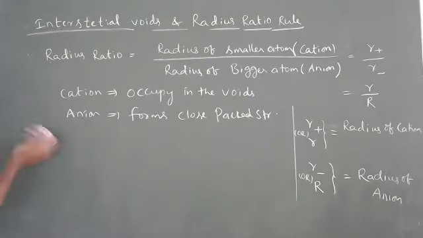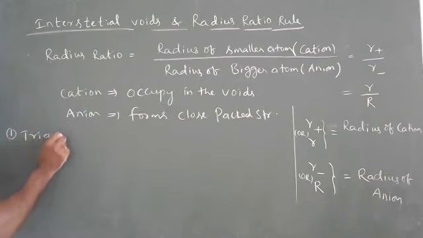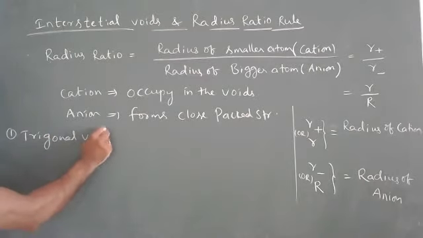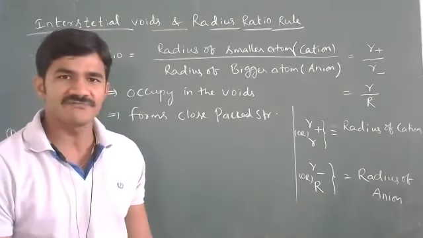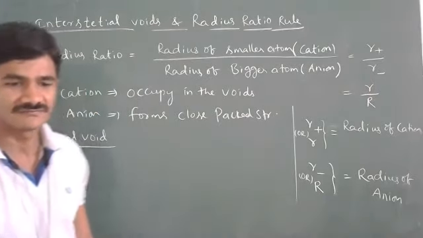There are different types of voids. I'll write them here. The first one is the trigonal void. Now you tell me, the trigonal void is formed between how many spheres?